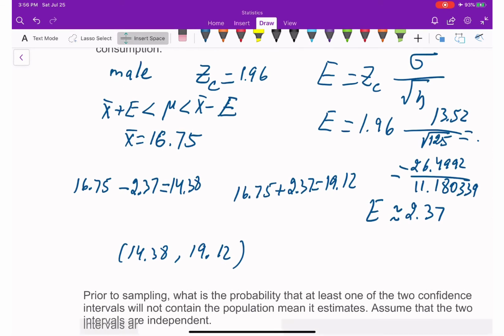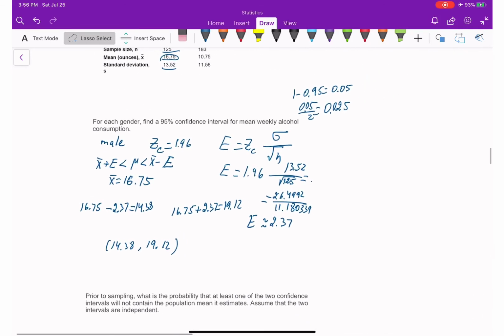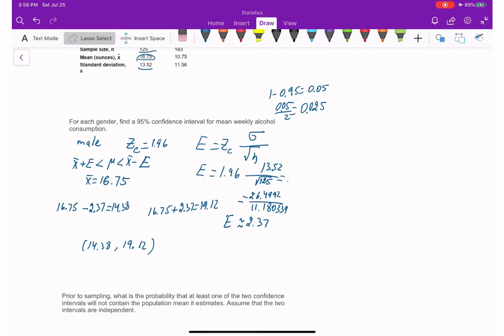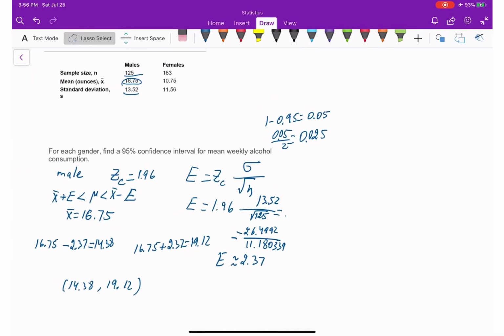Okie dokie. So let's do it for female now. We'll try to be more organized solving for female. So if you have any questions, you can find the answer. Well, let me do it right next to it. Female. So Z critical is going to be the same.